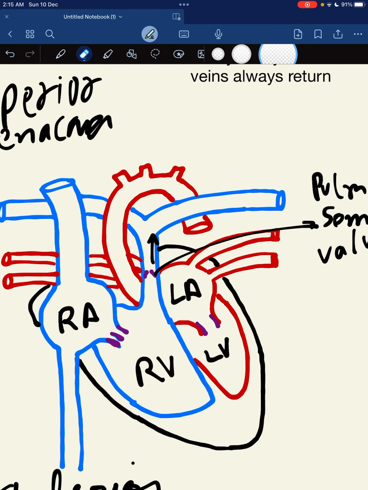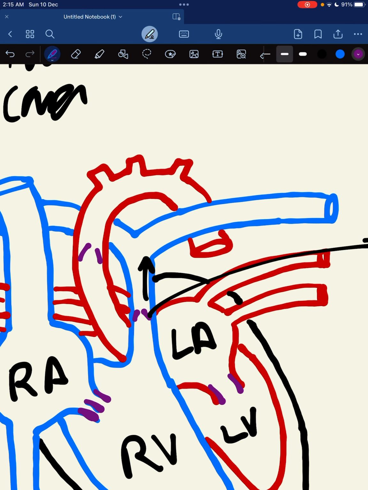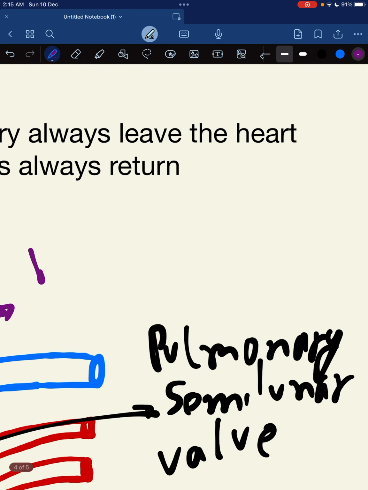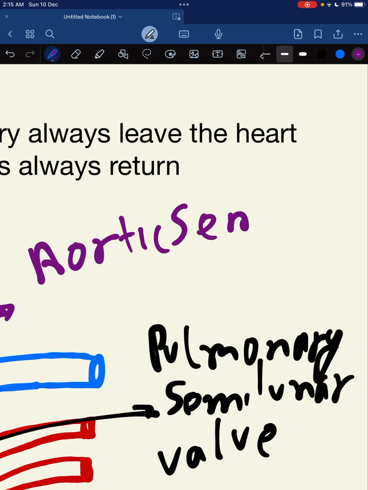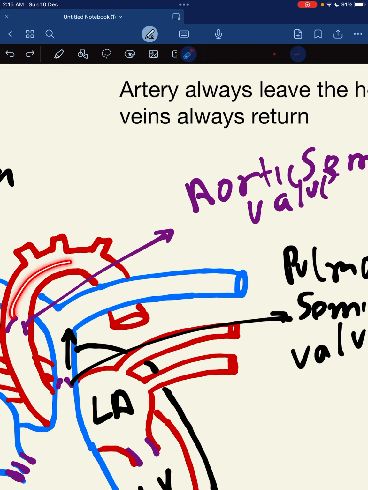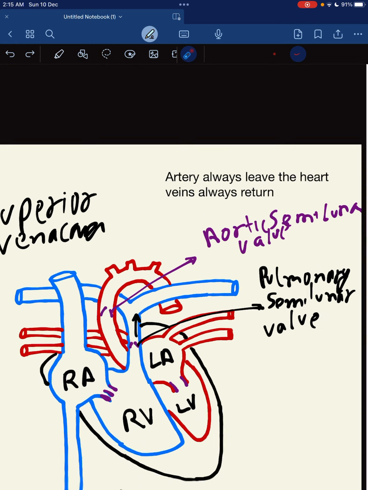In the aorta there is also a valve, better to say the aortic semilunar valve. When the blood moves through here, it is known as the aortic arch, which then delivers the oxygenated blood down to the body.